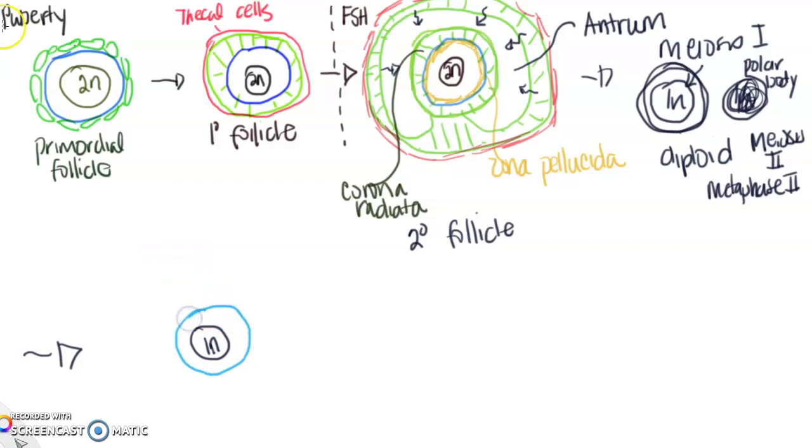Here's this out here. We have the Corona Radiata out here. This is the Corona Radiata. And then we have the Zona Pellucida in here, like that.